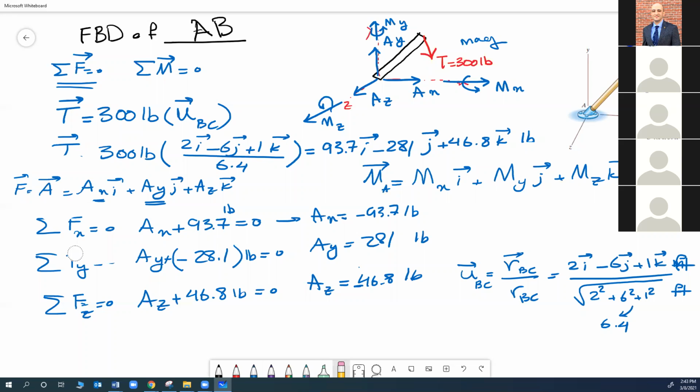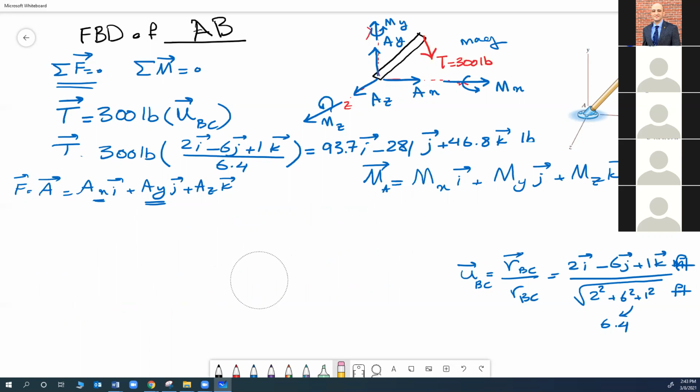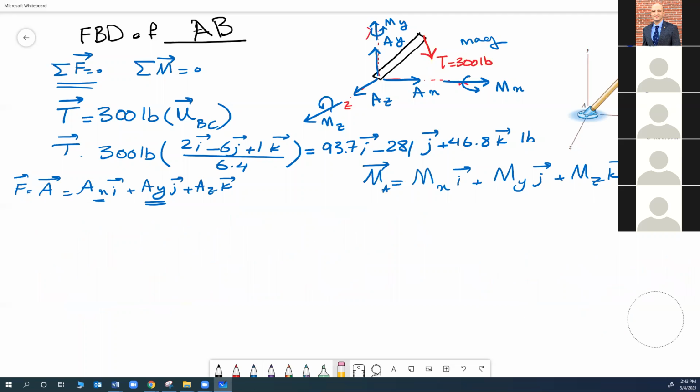So all you have to do is write summation of moments in vector form equals 0. Summation of moments, for example, about point A equals 0. I have 3 moments already here. MXI plus MYJ plus MZK.